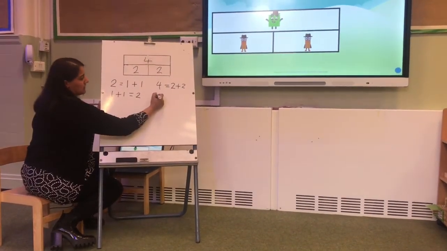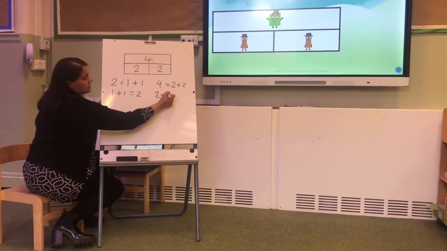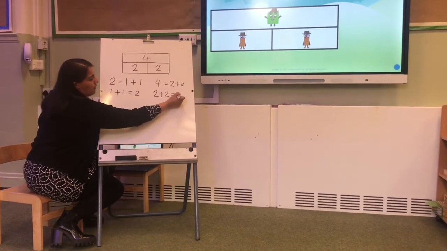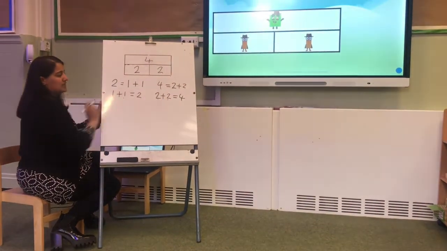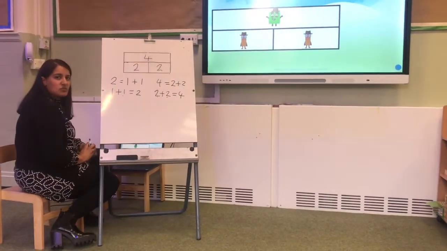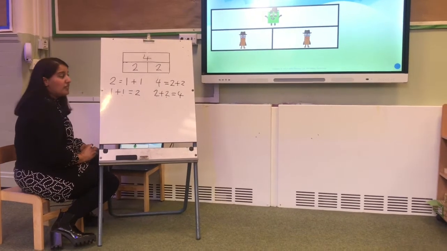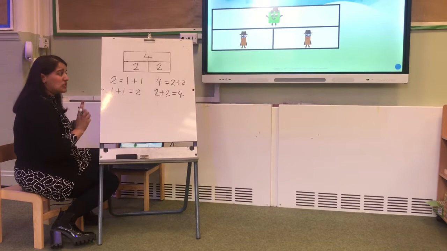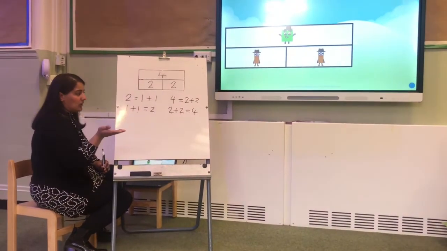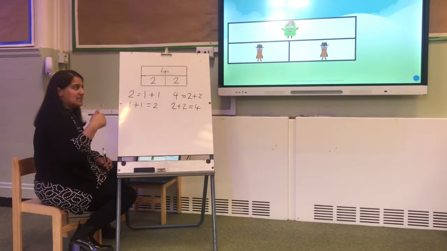Let's write it the other way. 2 add 2 equals 4. Remember, these numbers are always the same. So when you double, the numbers are always the same. Add the same numbers together to equal the amount. Let's have a look at another one.